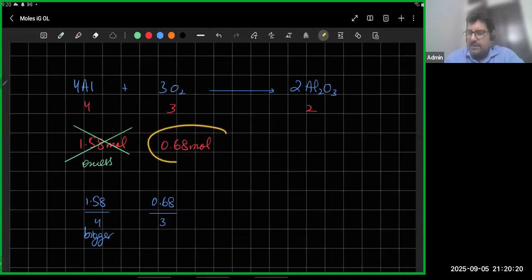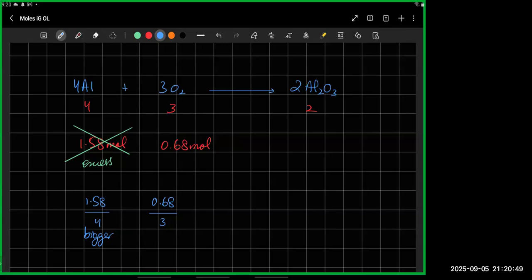So apply the ratio: 0.68 divided by 3 times 4. How many moles do you get? What do you get? 0.906.